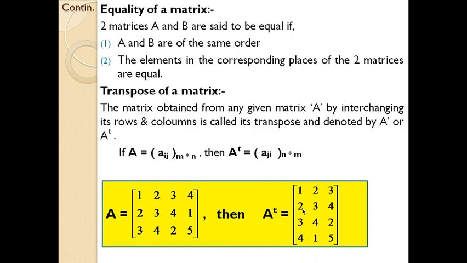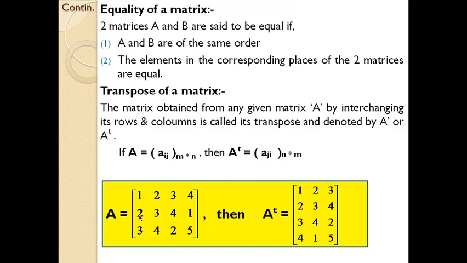See, another matrix can be created. How? If the rows of the first matrix are interchanged to the columns of the second matrix. See, here the first row of the first matrix, 1, 2, 3, 4, is interchanged to the column of the second matrix. The second matrix is this one. This whole matrix is the second matrix.